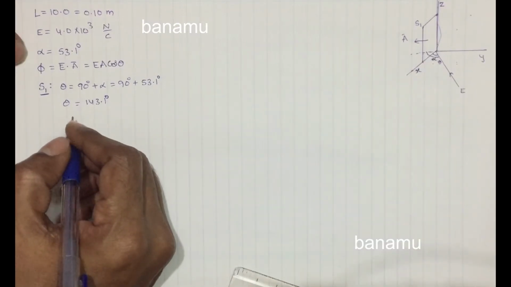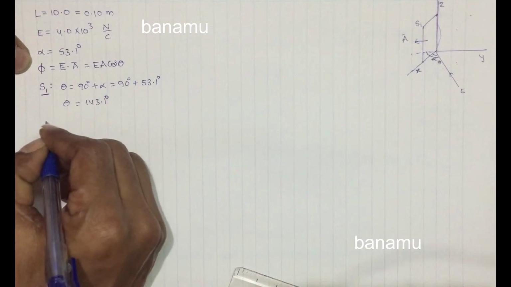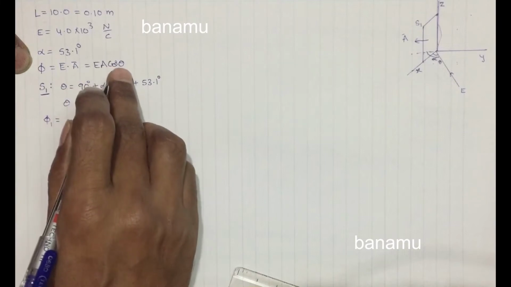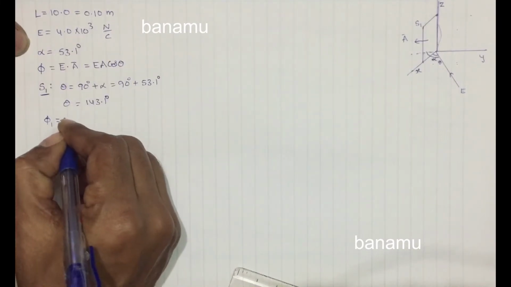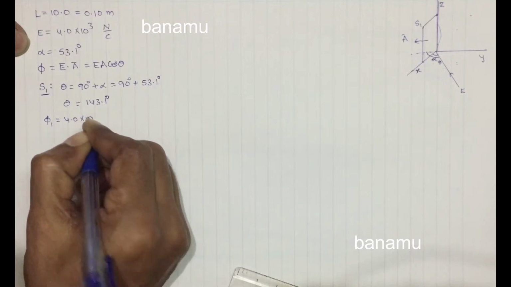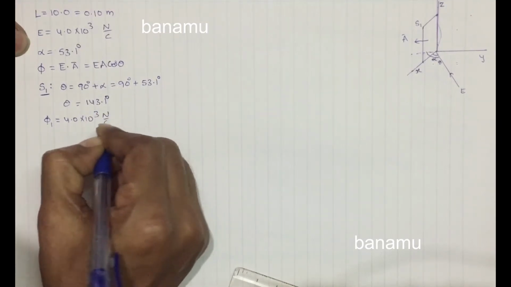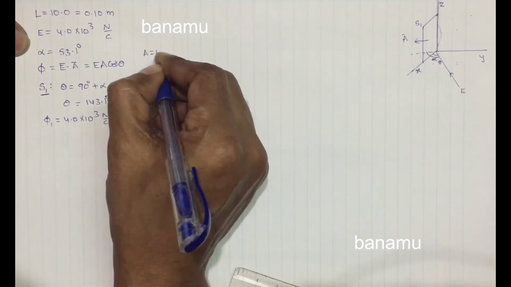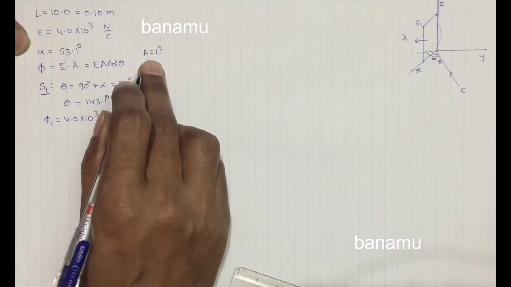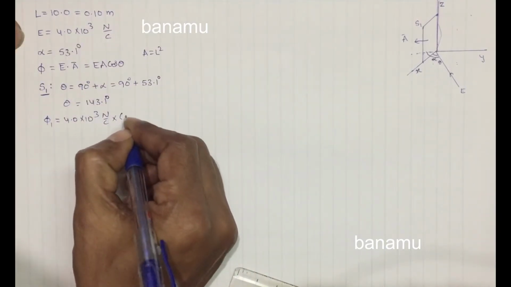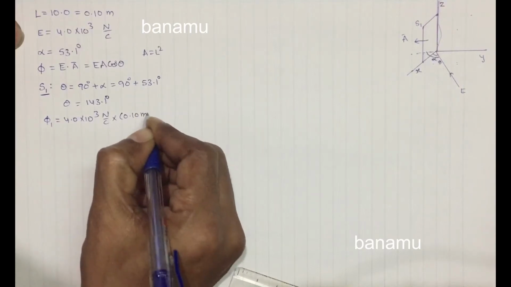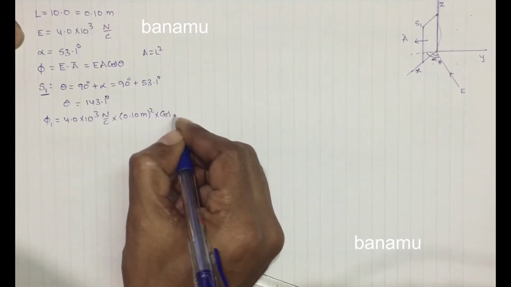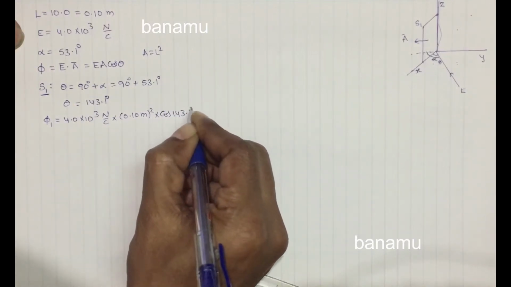So the electric flux at the surface S1 is phi 1. Phi 1 is equal to E A cos theta, where the electric field is 4 × 10^3 Newton per Coulomb and the area A is equal to L square, so 0.10 meter whole square, times cos of 143.1 degrees.